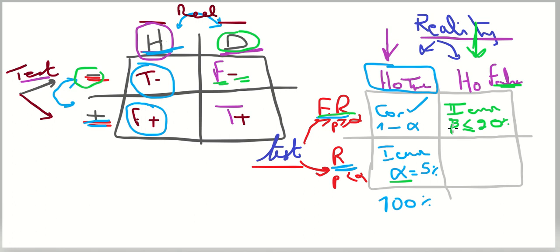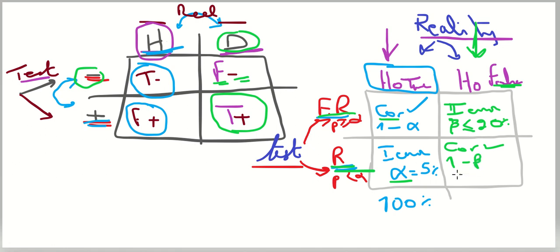And last but not least, the final square. This is where the null hypothesis is false and you rejected the null hypothesis. So it was a true positive, and that's a correct decision, like this one. And it's 1 minus beta.